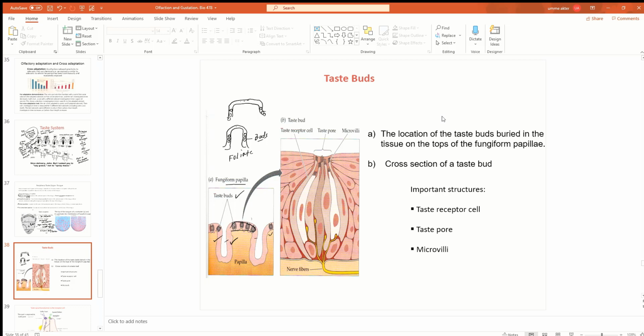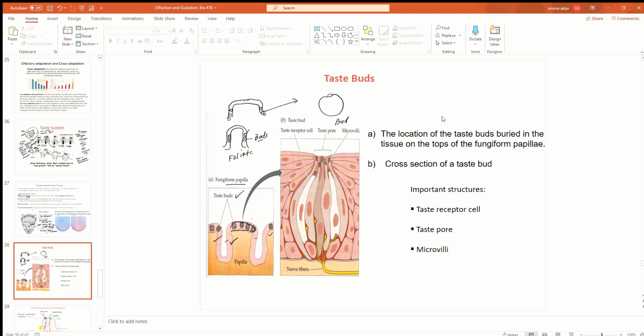Now, if you take just one taste bud out from here and open it, it is like an orange. So you know that orange, although of course not that big, right? So this is a taste bud. Now inside the taste bud you have the taste receptor cells.